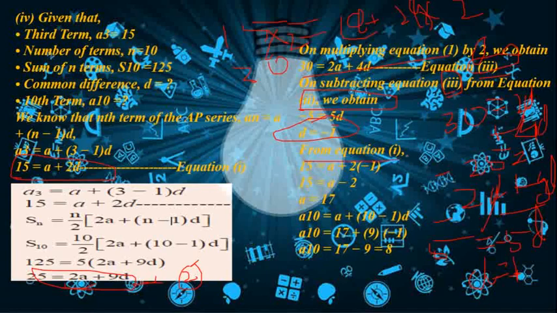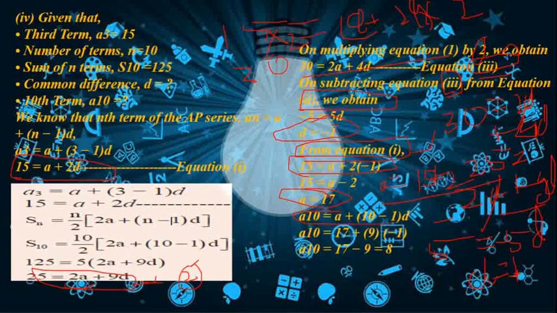From equation number 1, we substitute the value of d. Now substituting the values, we get 15 will be equal to a plus 2 into minus 1, that is 15 is equal to a minus 2. Now a will be equal to 15 plus 2, so hence a is equal to 17.